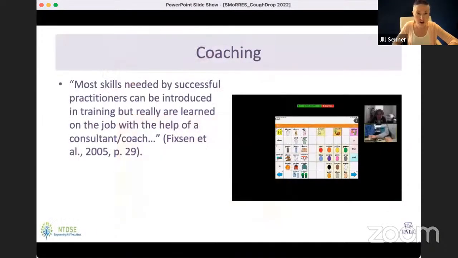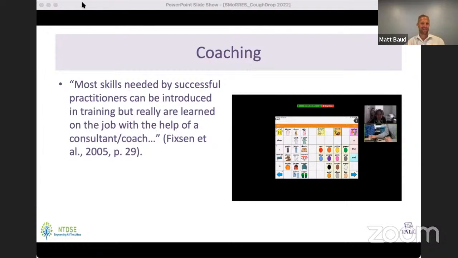So when we talk about making things meaningful in the classroom, we know that most skills needed by successful practitioners can be introduced in your training or in your workshop, but they're really learned on the job with the help of a consultant or a coach, right? This is the special sauce. We know that all of the other ingredients are really important in a training, but this is the special sauce.